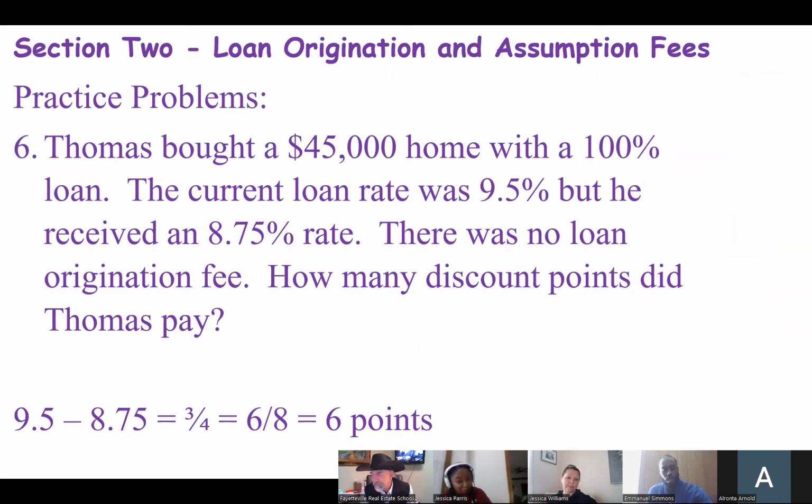No, it's the points. It's the times points. Okay. Yeah, so we would multiply 6% times the 45,000. That would give us how much those points cost the buyer.